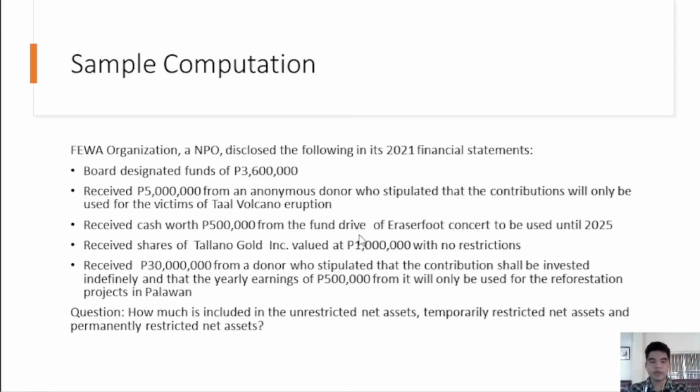Received cash worth 500,000 from the fund drive of Eraser Foot Concert to be used until 2025. Received shares of Taliano Gold Incorporated valued at 1 million with no restrictions. Received 30 million from a donor who stipulated that the contribution shall be invested indefinitely and that the yearly earnings of 500,000 from it will only be used for the reforestation projects in Palawan. The question is, how much is included in the unrestricted, temporarily restricted, and permanently restricted net assets?